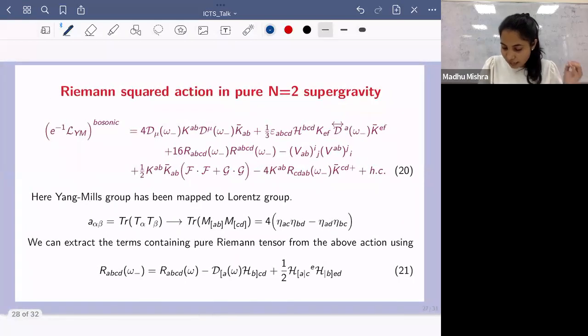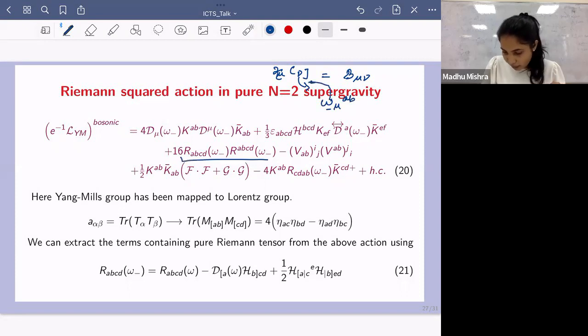So in that action, we had a field like this, right? Which was basically B mu nu. And here we know that C mu is identified with the spin connection with torsion. And once you put it in this action, what you get is the Riemann tensor square action.